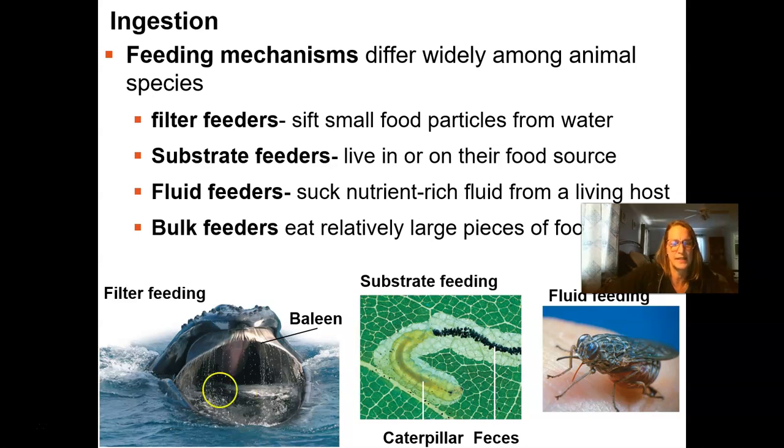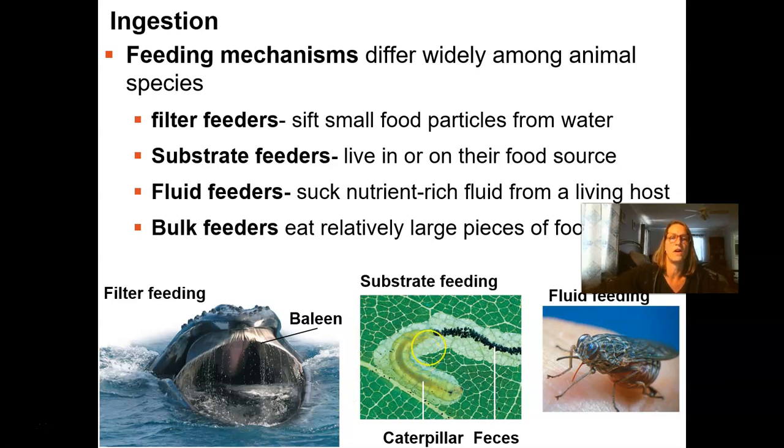So it's sort of like a sieve where the water is released, but anything left behind in the baleen sieve gets eaten as food. So they catch little shrimp and stuff like that using the baleen.